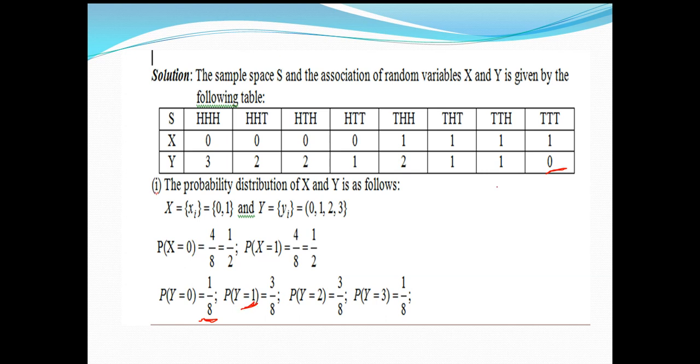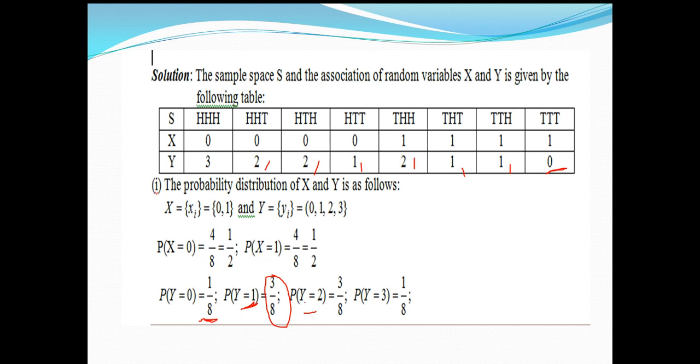Now p of y is equal to 1. So here 1, 2, and 3. So 1 occurs 3 times out of 8 total outcomes. So therefore the probability of 1 is equal to 3 by 8. Now move on to p of y is equal to 2. How many times? 1, 2, and 3.